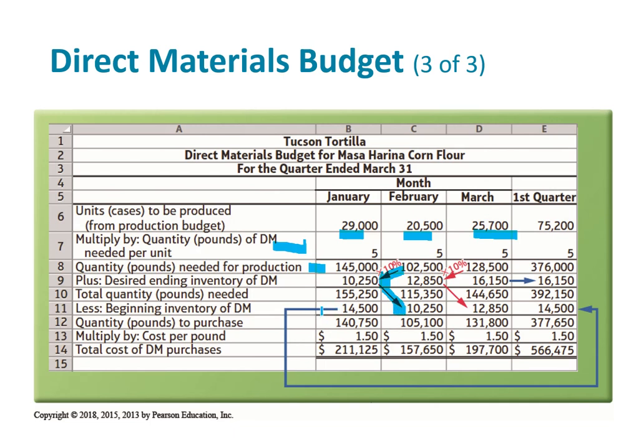Okay, where does this come from? The 14,500. You can go back up to the quantity. Notice we don't use these numbers up here at all because these are the units, and what we're talking about in the direct material budget is the pounds of material.